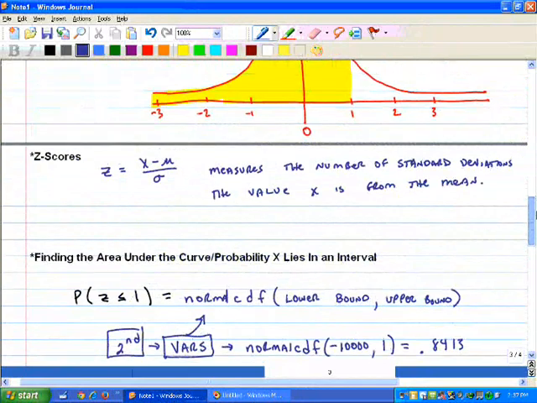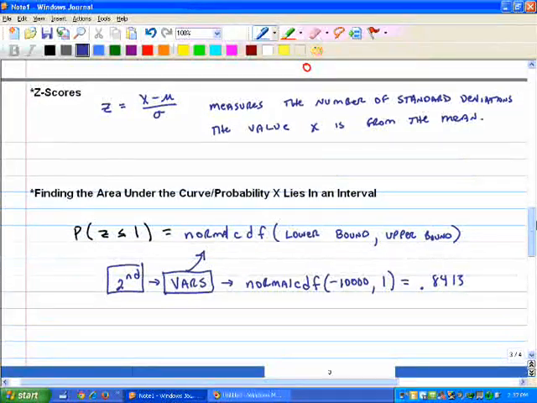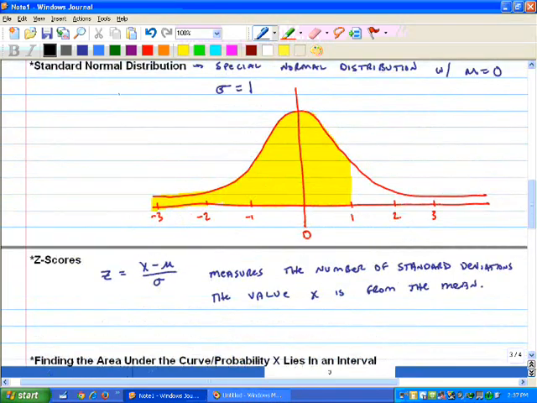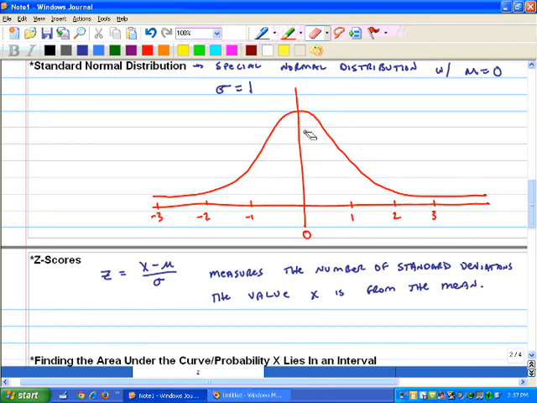If you want to find the probability that z is greater than or equal to, let's do 1.25. Let's go back up to the curve and look and see what region we're talking about here.